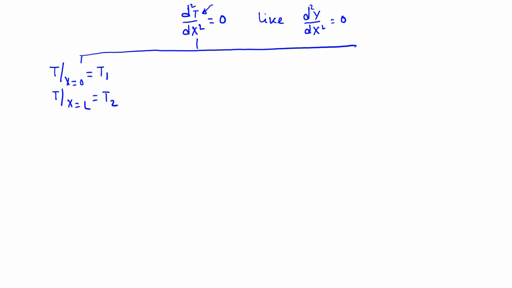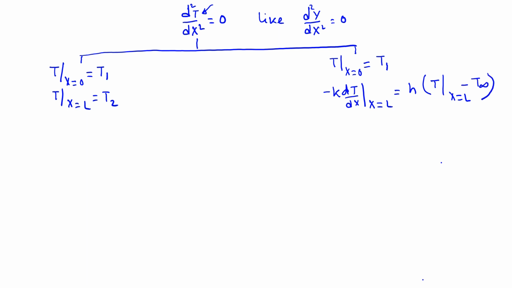So what we want to do here is solve it for two different boundary conditions. One side I will keep the same, but the other side would be different. So this is my other boundary condition: minus k dT/dx at x equal to L is equal to some constant h times T at x equal to L minus T infinity. Now you may wonder, where does this come from?